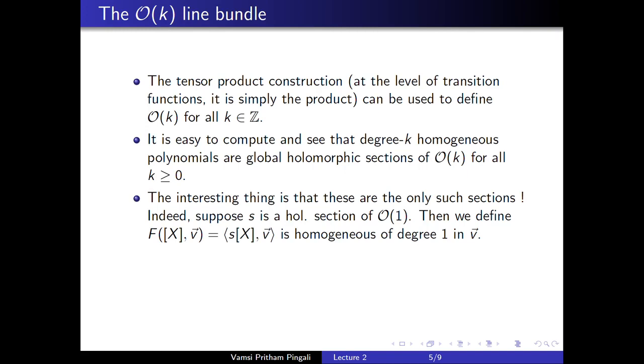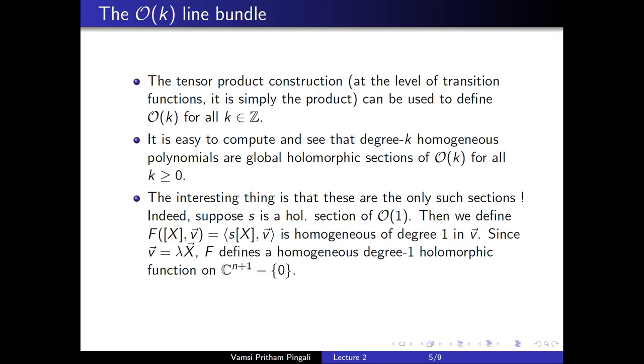Now this complex number, if you multiply v by lambda, that lambda pulls out. So this function is a homogeneous function of degree 1 in v, right? Now notice that v and x are not really independent, right? If you give me one and if you give me a complex number, I can figure out the other. So in other words, this F actually defines a homogeneous degree 1 holomorphic function on Cn plus 1 minus 0.